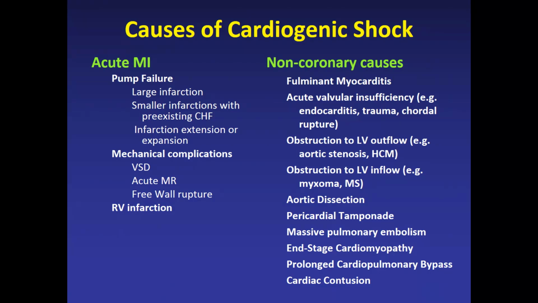You're all aware that there are also a host of non-coronary causes of cardiogenic shock, including fulminant myocarditis, valvular heart disease, particularly acute valvular heart disease due to endocarditis, trauma or chordal rupture, LV outflow tract obstruction from patients with aortic stenosis or hypertrophic cardiomyopathy, LV inflow obstruction from rarer causes such as myxoma or mitral stenosis, aortic pathology including dissection, pericardial disease such as tamponade, massive pulmonary embolism generating right heart failure and shock, and gradual progression of cardiomyopathy and chronic heart failure may also present with more subacute course of cardiogenic shock.